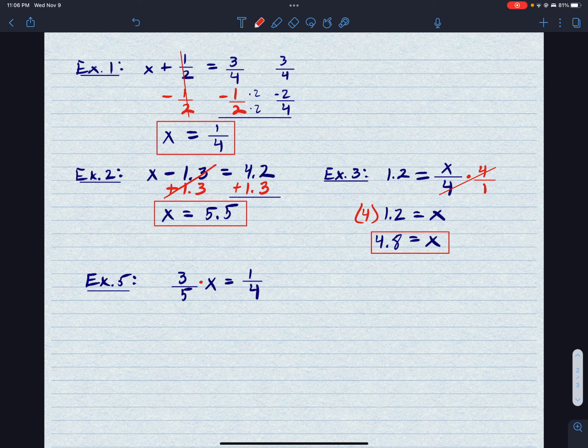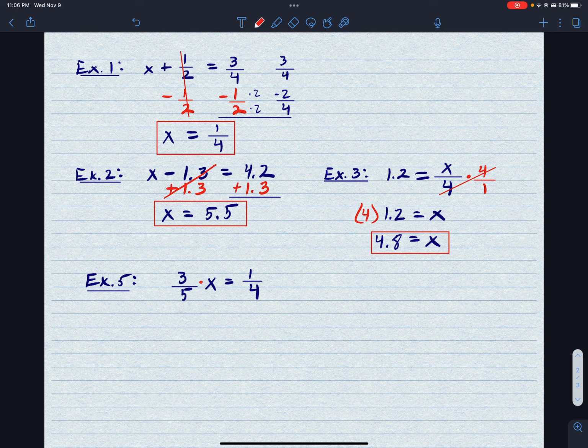So you ask yourself, what can I do to clear that 3/5 away from the x? I'm trying to isolate my x. Since it's being multiplied, I could divide both sides by 3/5. However, there's an easier strategy here.